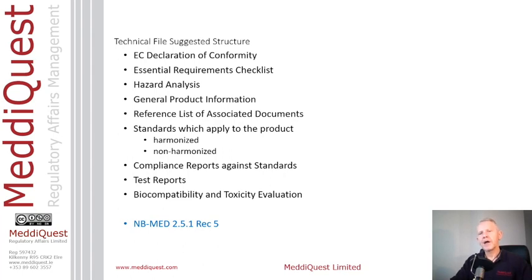Now remember, the most important thing with the technical file is to remember who you're writing it for. Someone investigating when something's gone wrong. So whatever structure may be suggested by your notified body, you've got to put together the one that suits your particular product, your particular way of doing things.